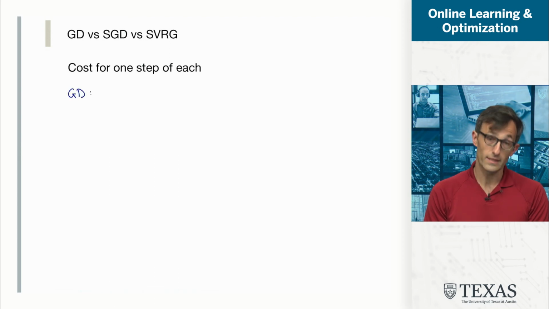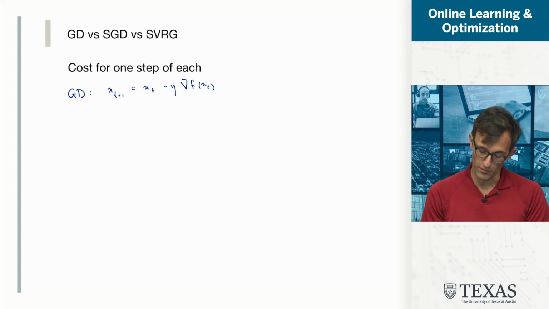So the gradient descent algorithm, one iteration of that, tells me that xt plus 1 is equal to xt minus step size times the gradient of my function f at xt. So let me write down again what f is. We're trying to minimize f of x is equal to 1 over n sum of fi of x.